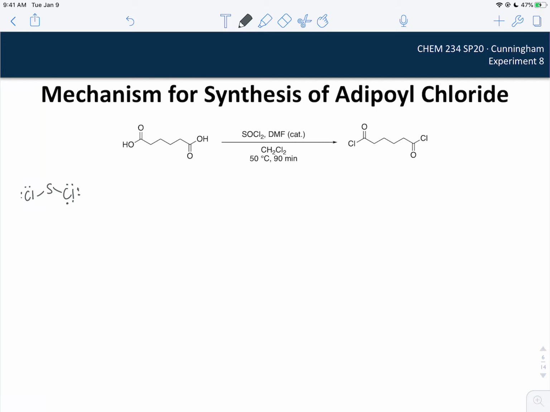Now the Lewis structure for thionyl chloride is interesting because our sulfur atom actually has a lone pair on it. So sulfur and its ever-expanding octet. So here's our thionyl chloride. And this is going to react with our DMF.